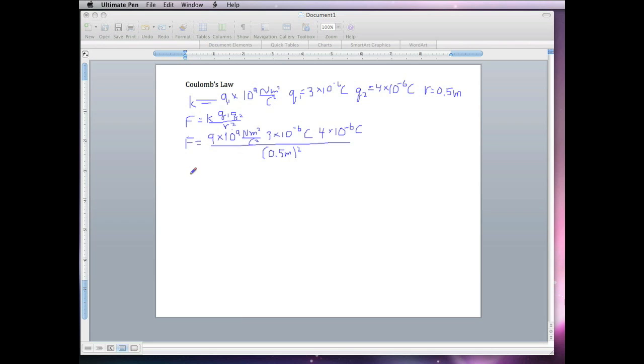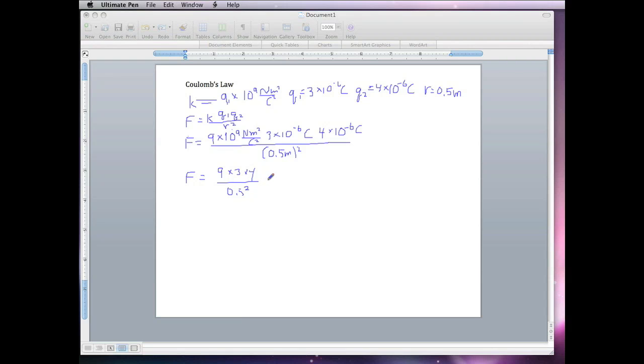To solve this problem with a simple calculator, we need to separate out the ordinary numbers from the powers of 10. So that would be 9 times 3 times 4 divided by 0.5 squared.